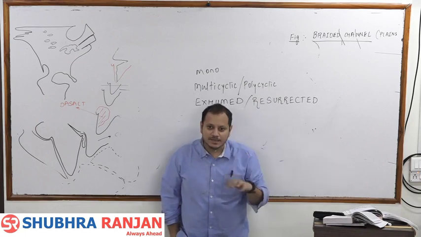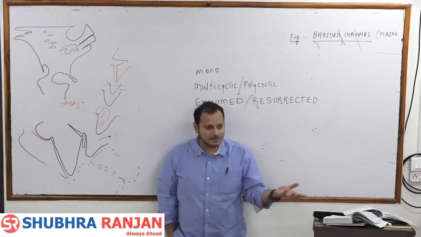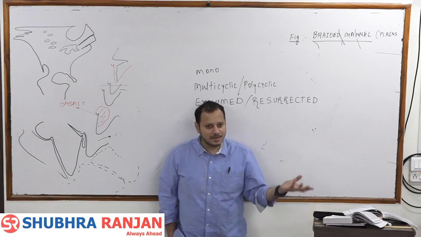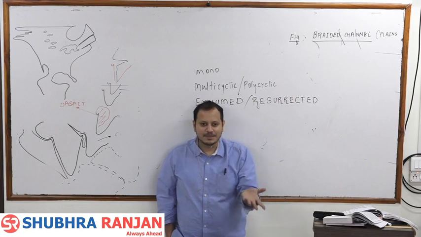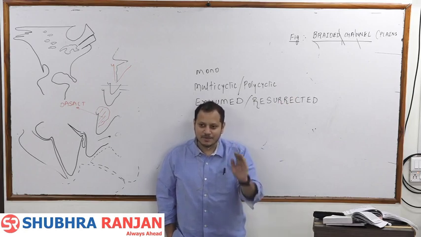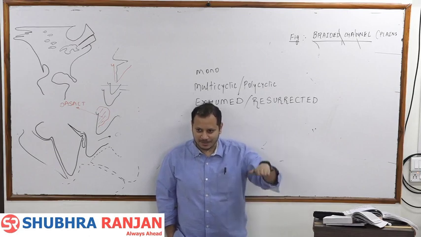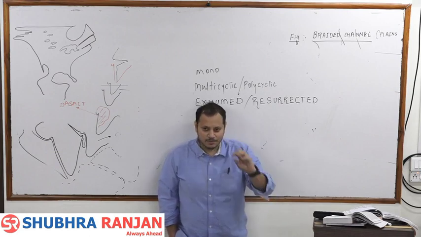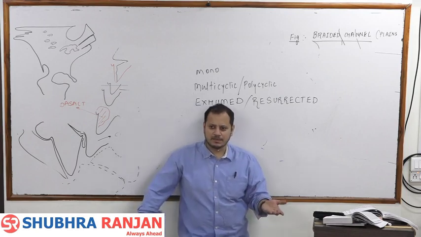Now how will a landform come in a new avatar? The landform was not present, it was below the sea. Something happened, and the landform came out of the sea. Then it is known as resurrection. Resurrected landforms will be due to a change in sea level. Suppose, due to global warming, sea level increases.